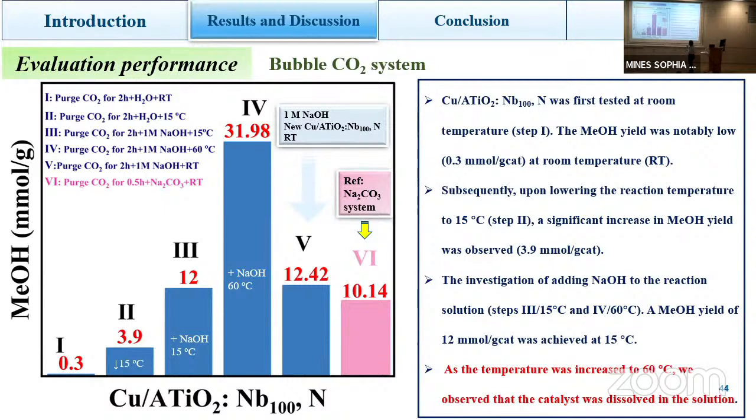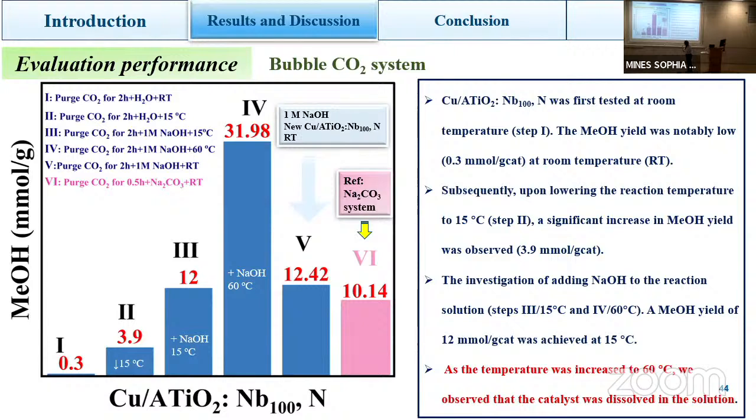From the trend we can see that as temperature increases, solubility in water decreases. So we continued the reaction but lowered the temperature to 50 degrees, in order to increase the solubility of CO2 in water.